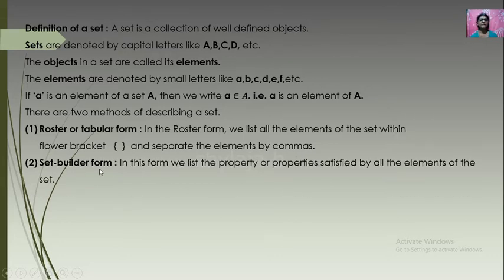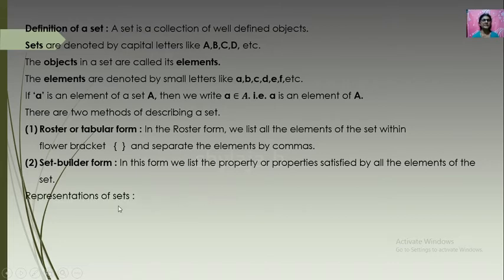In the set builder form, we write only the property or properties satisfied by all the elements of the set.